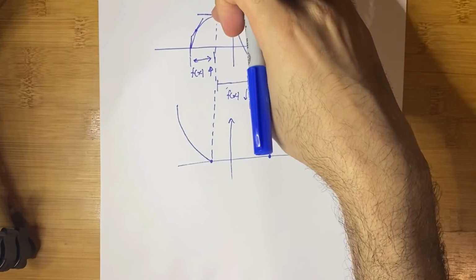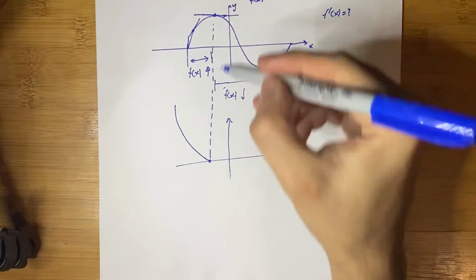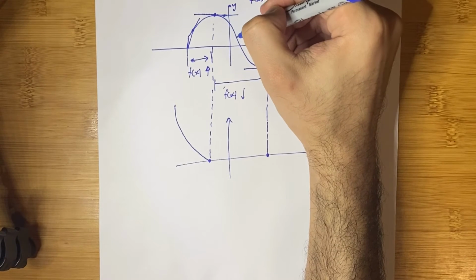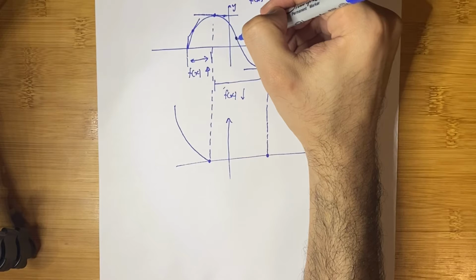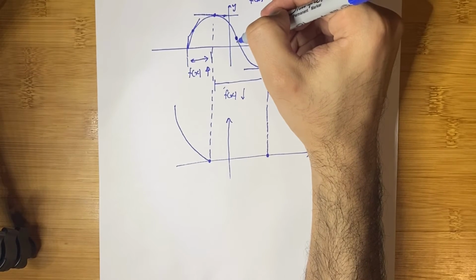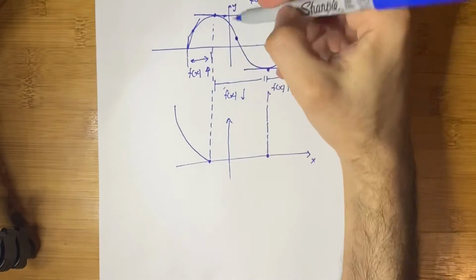And then from here to here, this is decreasing. So the slope here started at this point. At this point, the slope is the steepest. What does that mean? It's steepest, and it's negative.